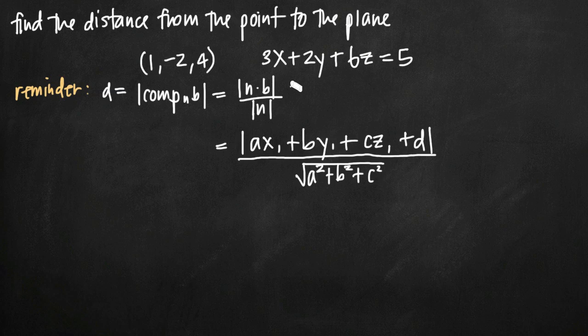We can describe that as the magnitude of the dot product of this normal vector n and the vector b. The vector b in this case is the vector from a point on the plane, any point on the plane, to this coordinate point which is off the plane. So essentially the vector that connects those two points, and then we divide that by the magnitude of n, remembering again that n is the normal vector.